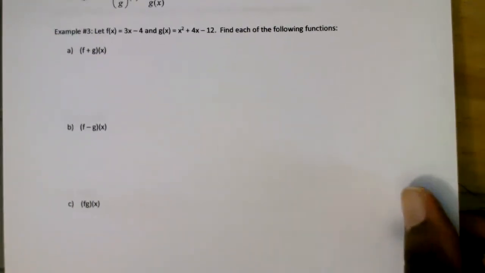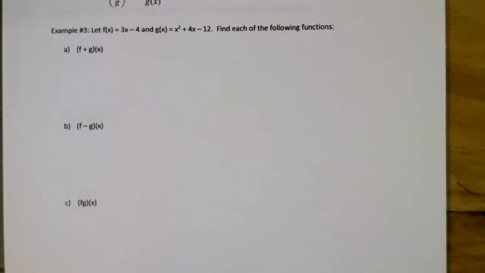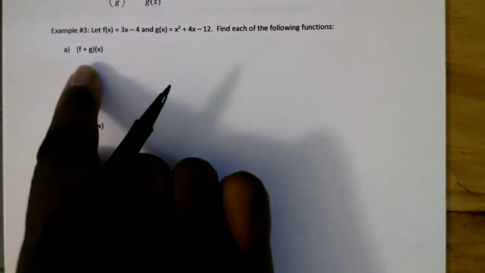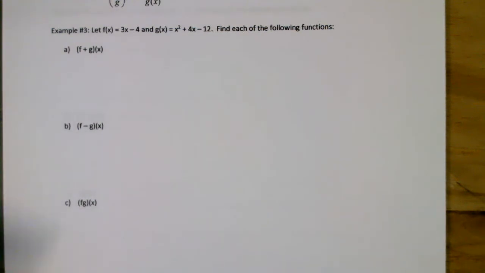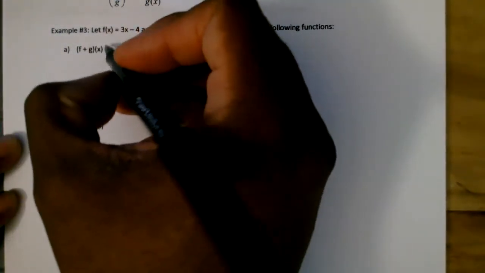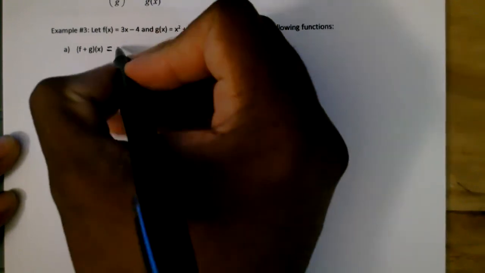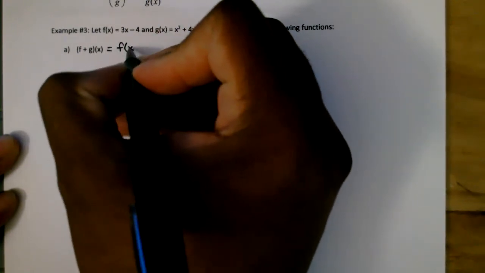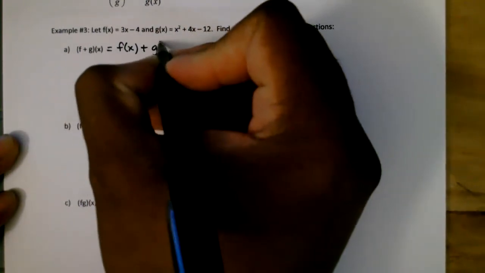This is at the bottom of your handout here. Not only that, for each one of these, we're going to find the domain of the sum, the difference, the product, and the quotient of the two functions. Let's start with f plus g of x. That's part A. Now, f plus g of x is the same as saying f of x plus g of x.